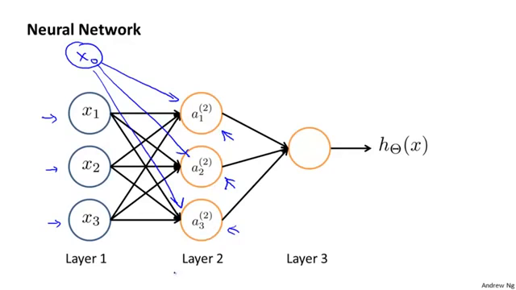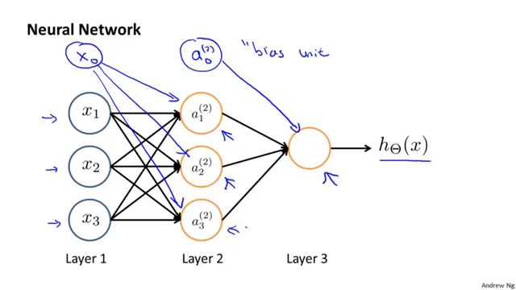I'll talk about those indices later. And once again, we can, if we want, add in this A0 as an extra bias unit that always outputs the value of 1. And then finally, we have this third node at the final layer that outputs the value that our hypothesis h of x computes.